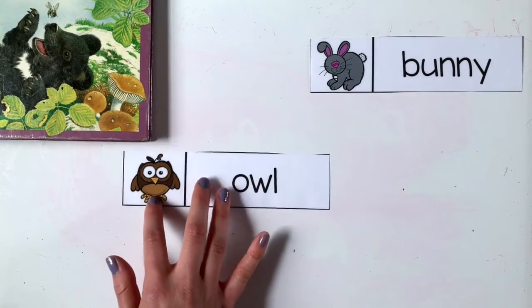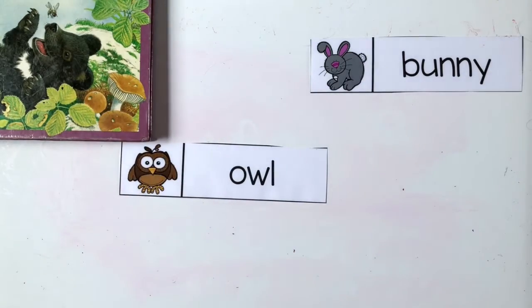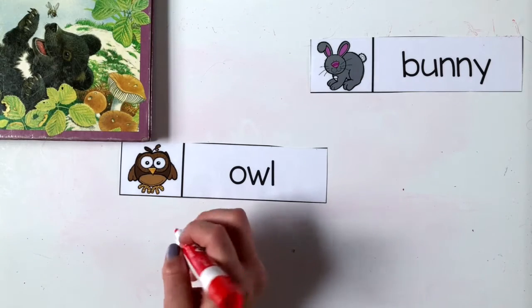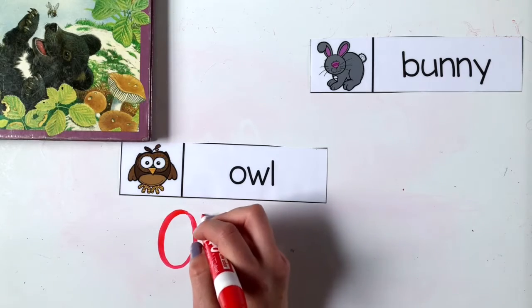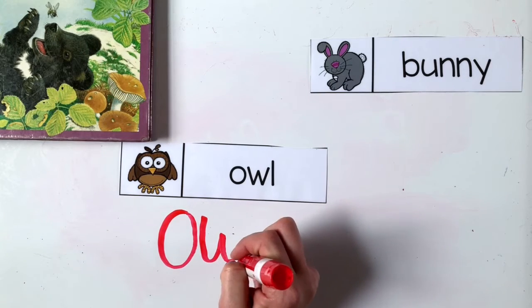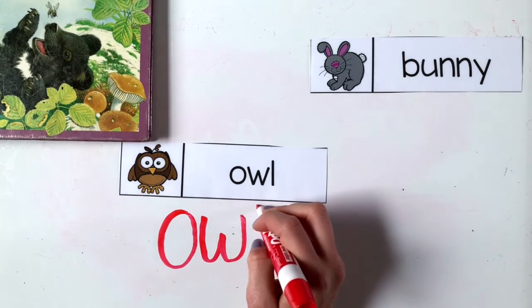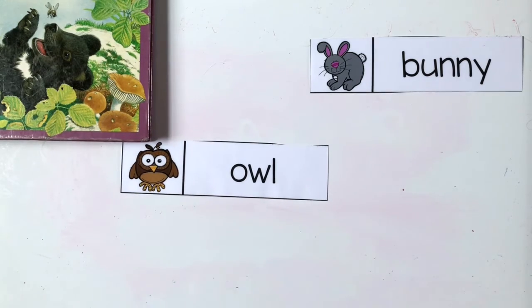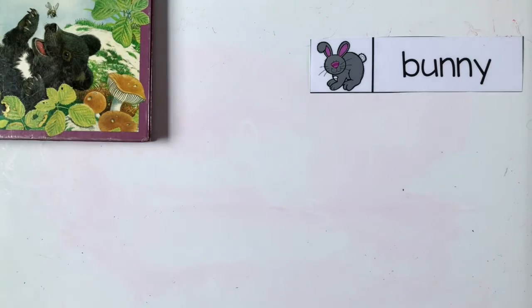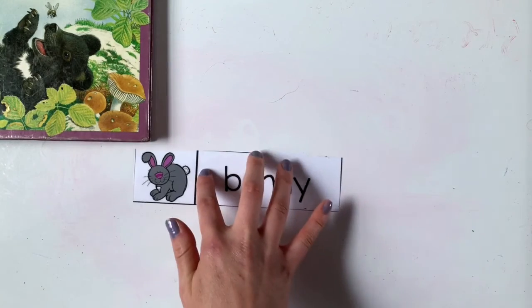Okay, the next word that we're going to write is owl. So owl starts with O, and there's a W, then an L. Owl. The next word that we're going to practice writing is bunny.